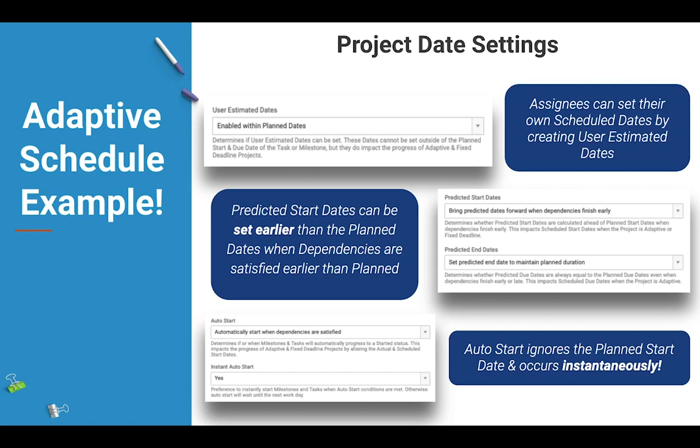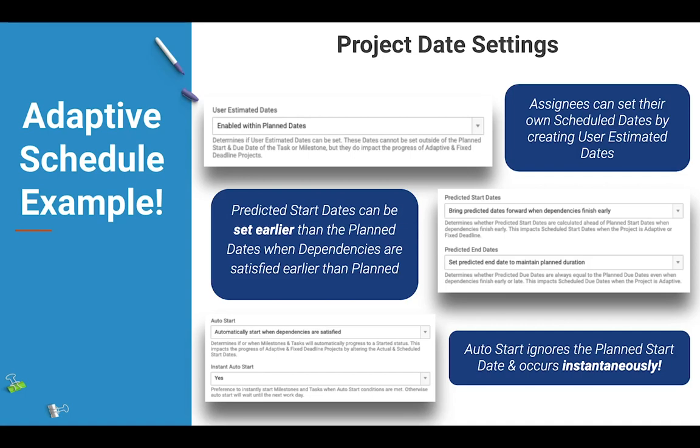So let's say the project starts 10 days earlier than it was planned to start. Well, then Accelo will predict that all of the tasks and milestones on that project are likely to be scheduled to start 10 days earlier than their own planned dates.